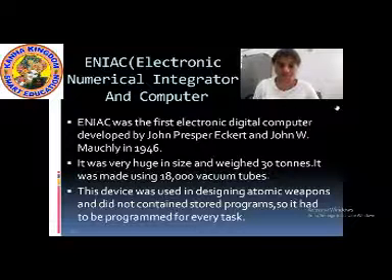Okay, students? Now this computer weighed 30 tons. And this computer was made using 18,000 vacuum tubes.